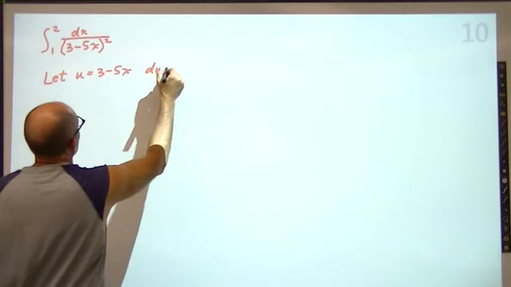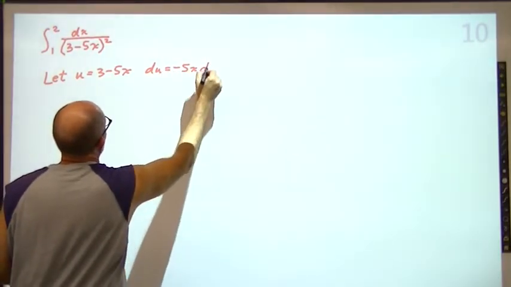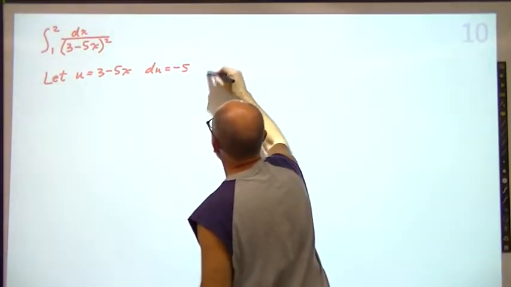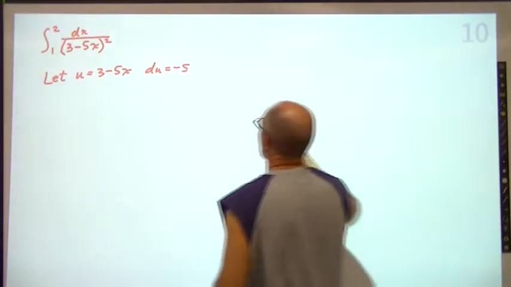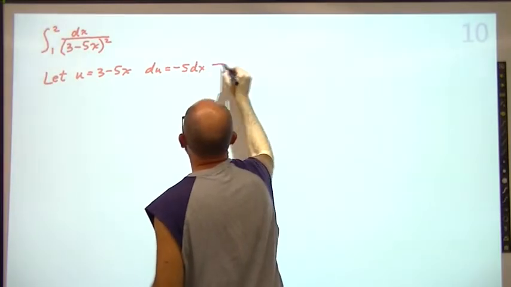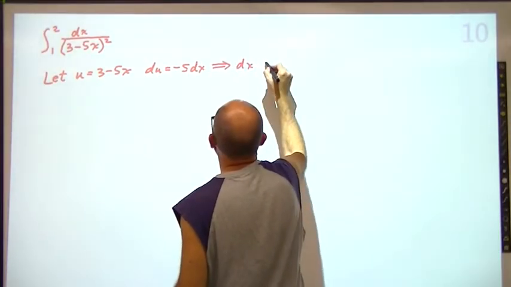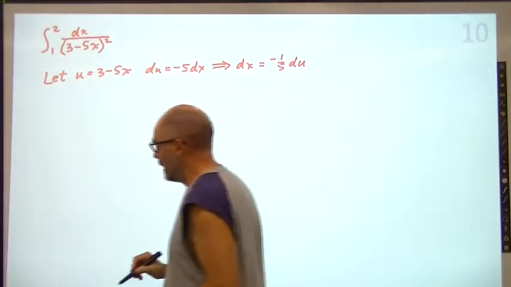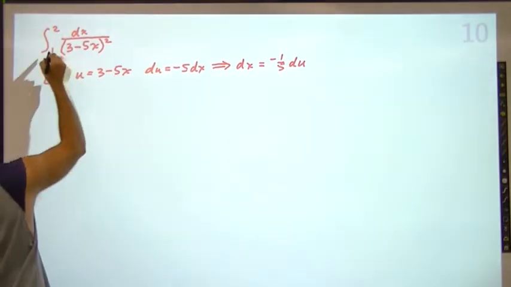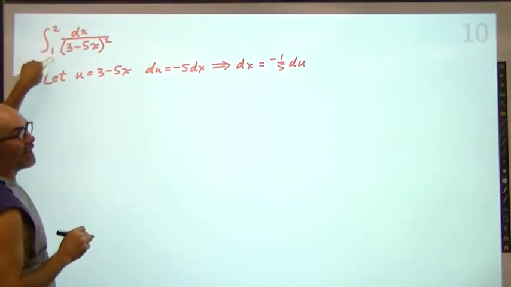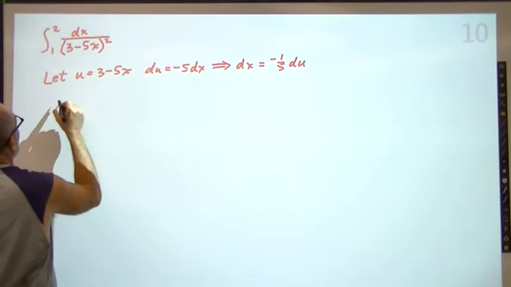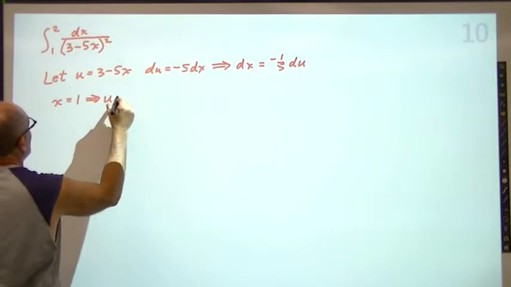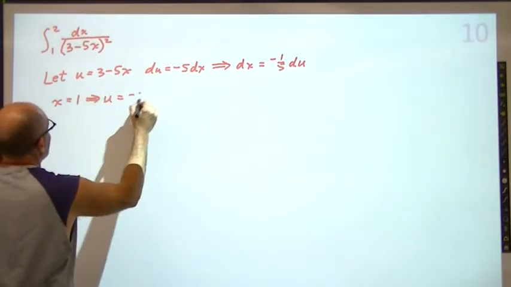So that means du equals negative 5 dx, and that means that dx equals negative 1/5 du. Now, if u is 3 minus 5x, we need to know what u is when x is 1. So, when x equals 1, u is going to equal 3 minus 5, which is negative 2.